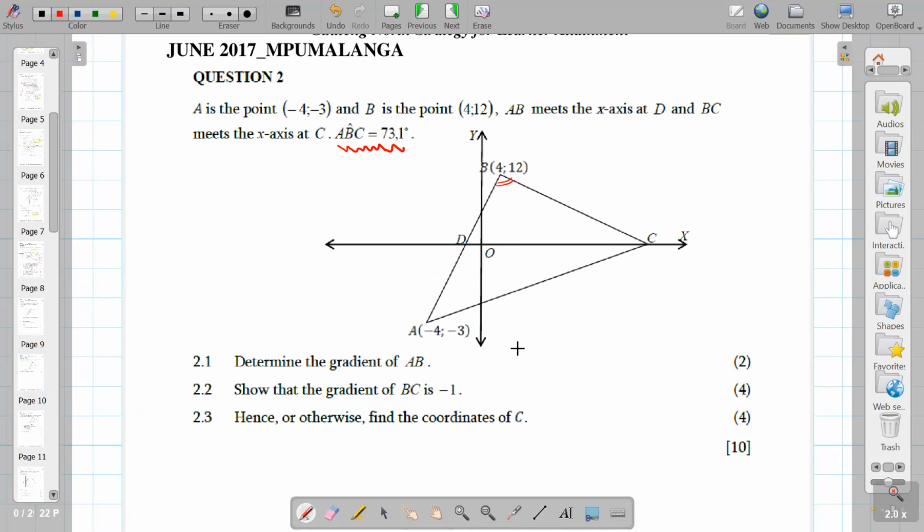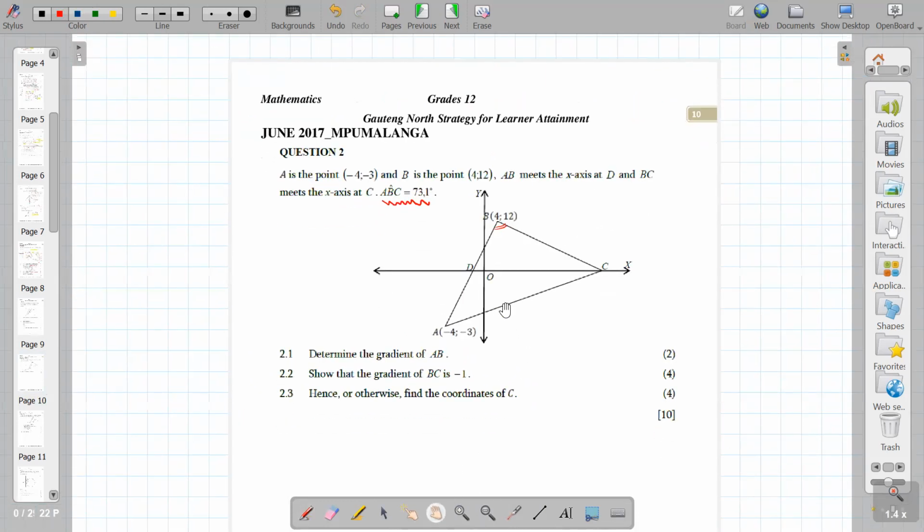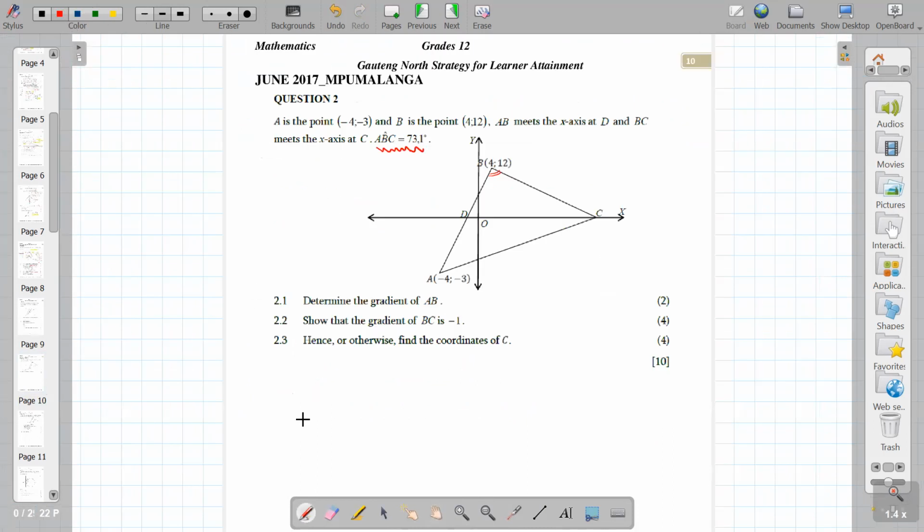See, the gradient of a line can be determined in different ways. So when we have gradient, you can always think: do we have 2 points or not? Do we have a parallel line or not, or a perpendicular line or not, or finally, do we have an angle of inclination or not?